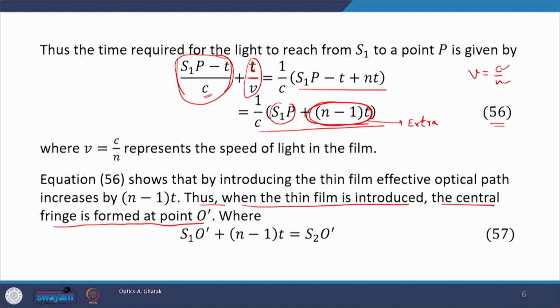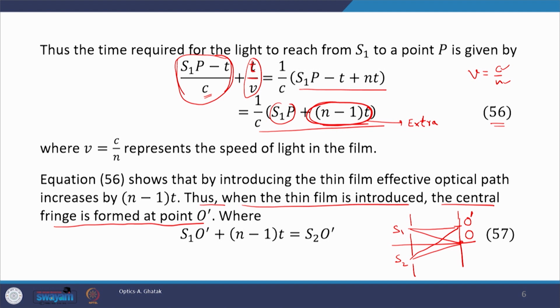In this particular case, earlier O was here, S1 was here, S2 was here, and S1O minus S2O was equal to 0. But now there is a shift, O is shifted to point O prime. Now, S2O prime minus S1O prime would be equal to the extra path length.